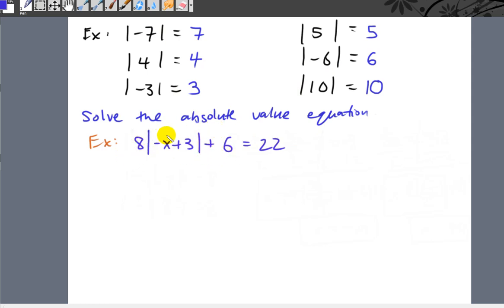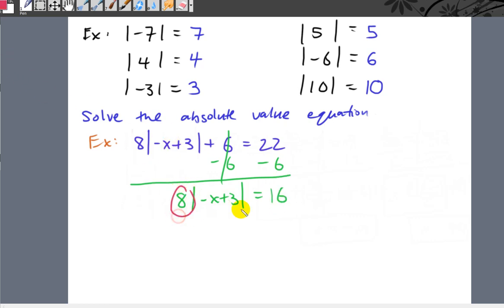So what I see is we can first subtract 6 from both sides. Let me put that in a different color. We can subtract 6 from both sides because our goal is to isolate this and then manipulate the 8 after. So we have 8 times the absolute value of negative x plus 3 equals 22 minus 6, which is 16.